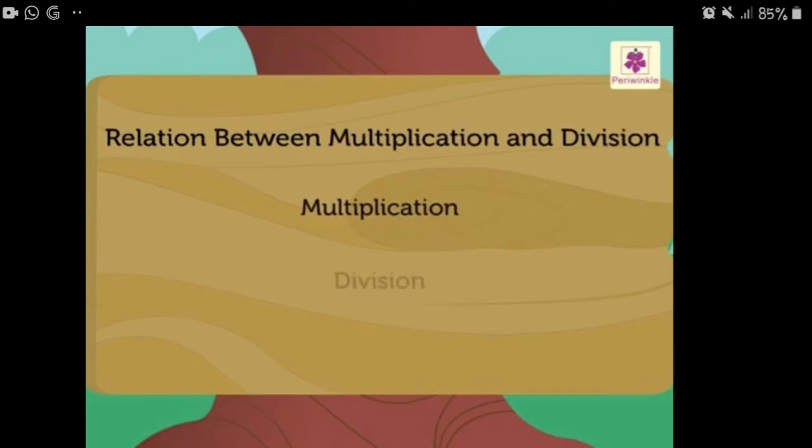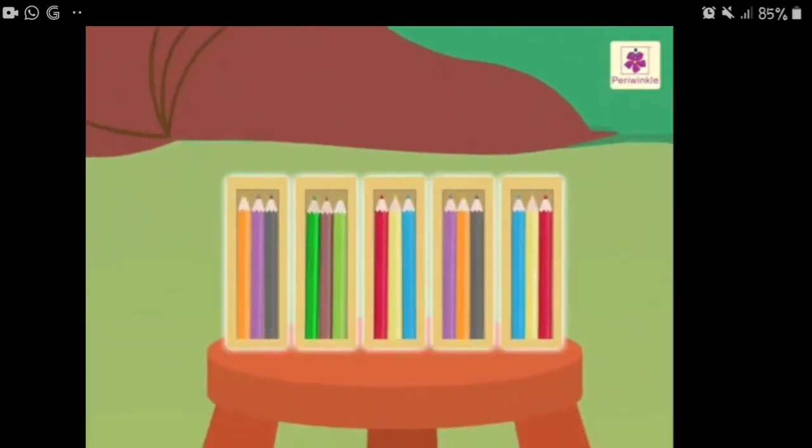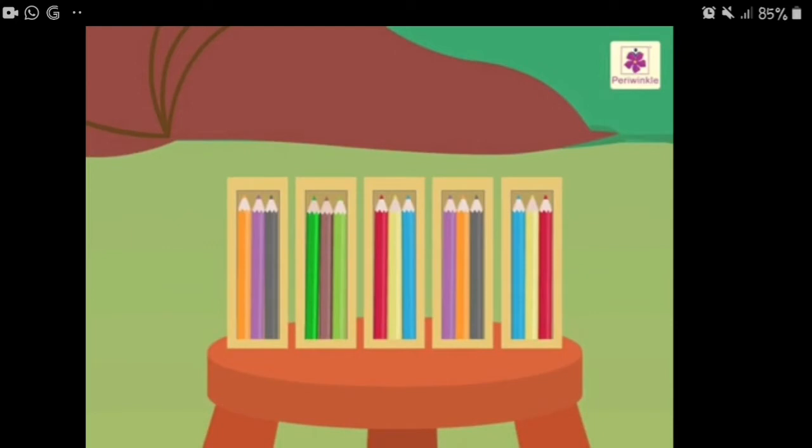Studying the relation between the two operations, multiplication and division, will become simpler. Multiplication and division are very closely related. Let us see how. There are 5 boxes, and each box has 3 pencils.